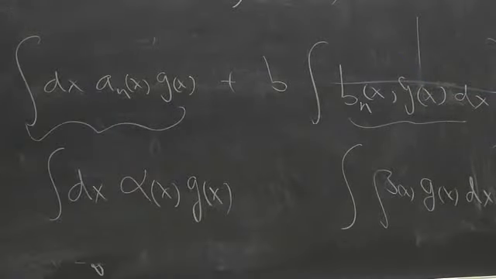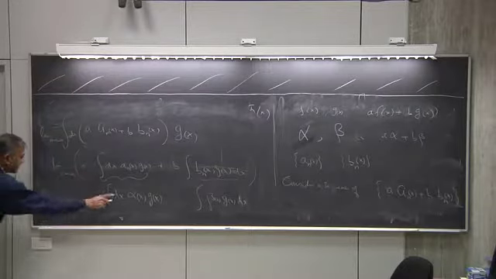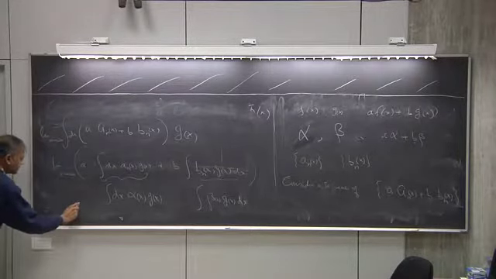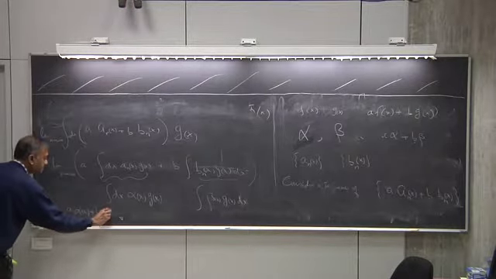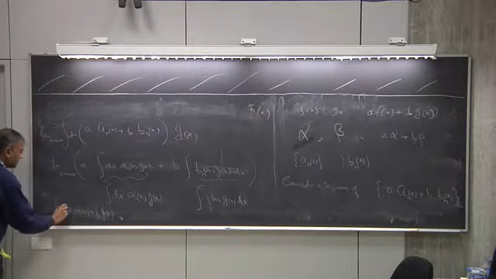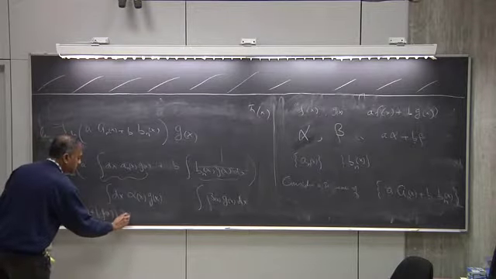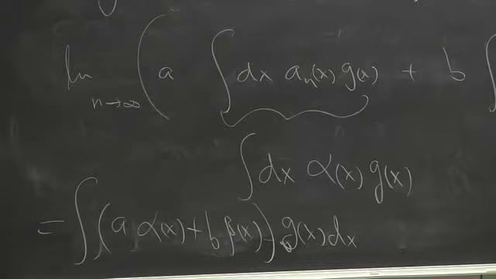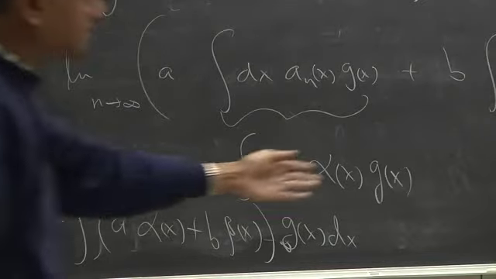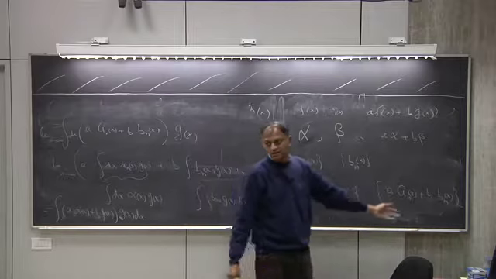So this gives you a times α(x) plus b times β(x), integrated against g(x) dx. So you see that the usual operations that you do for ordinary functions also work here.